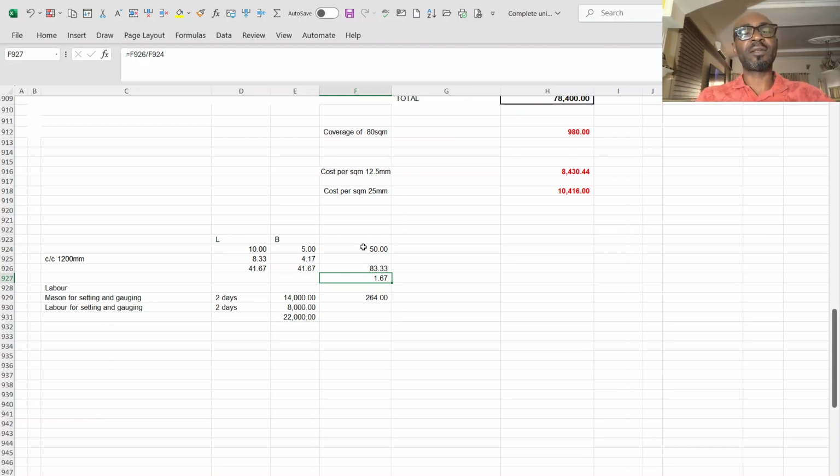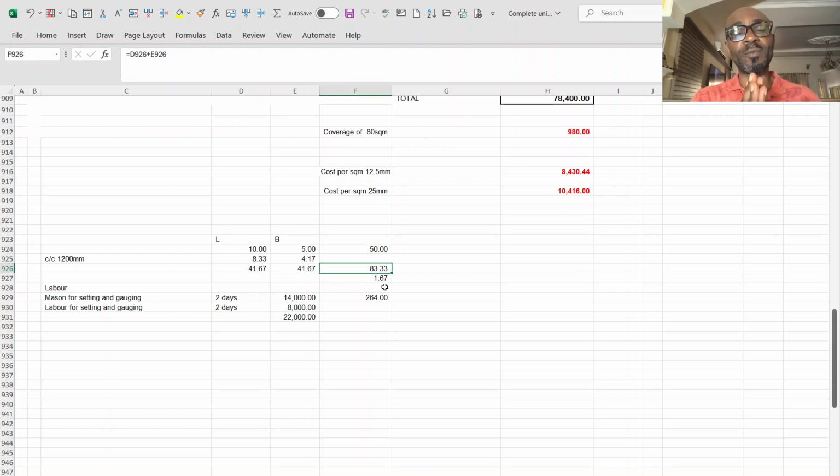I now have 1.6 per square meter. So for a hall of 10 meter long by 5 meter width, I am going to have 1.67 per square meter from this 83 running length of ebonite strip that I need.